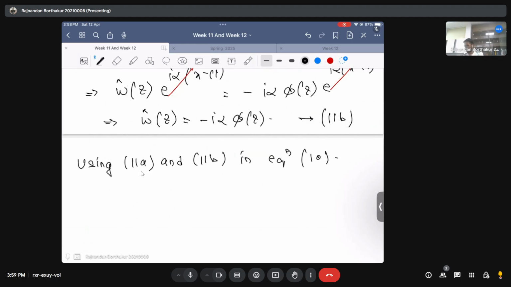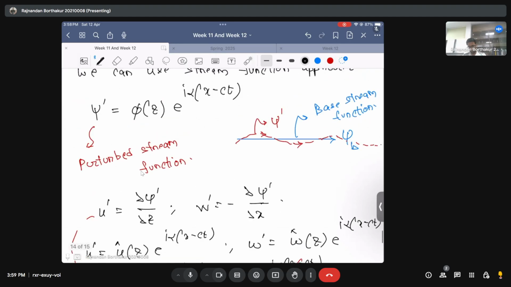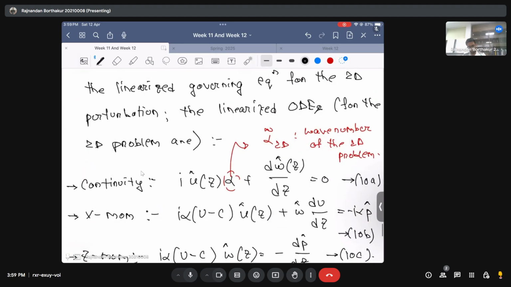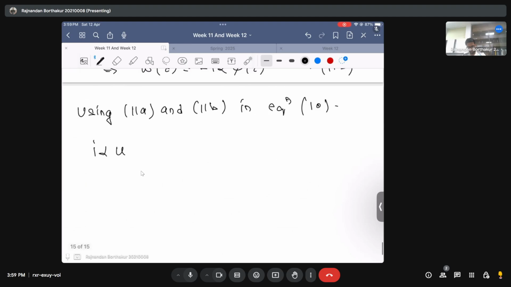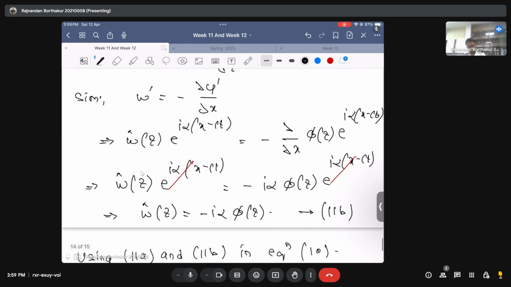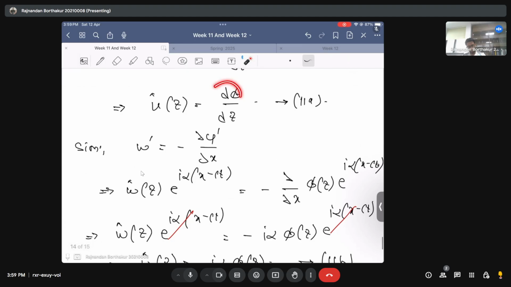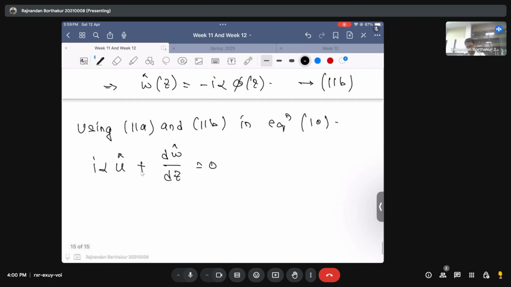So if you do this, let's do this in equation 10. So what is equation 10? Let's first see the continuity. The continuity is I alpha u hat plus dw hat by dz is equal to 0. But I know that my u hat is equal to d phi by dz. So it just becomes I alpha d phi by dz.